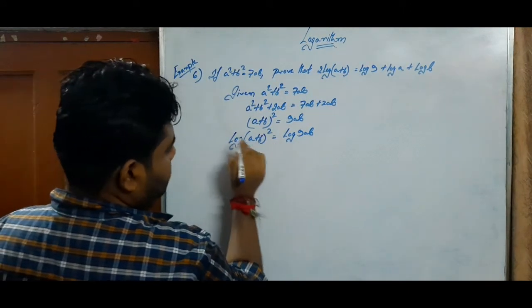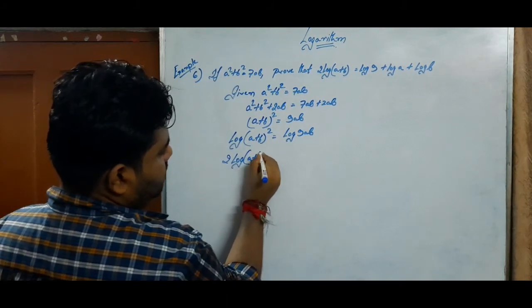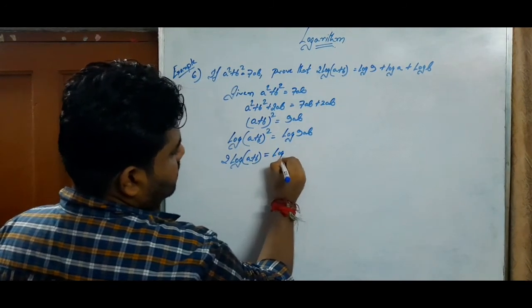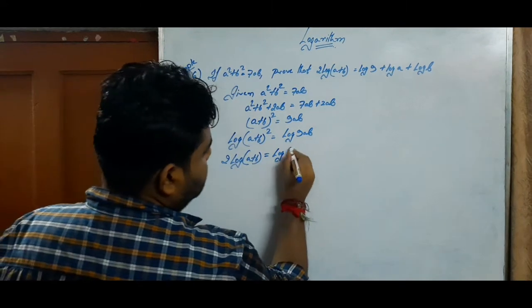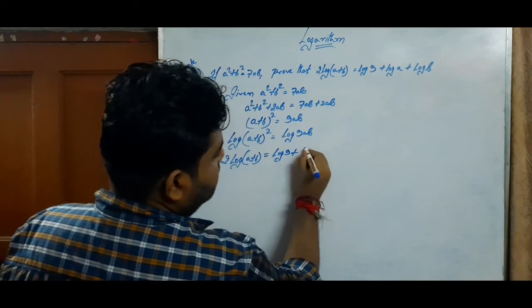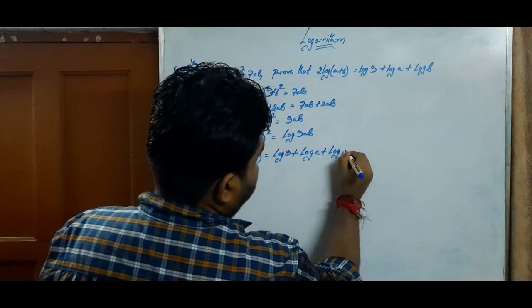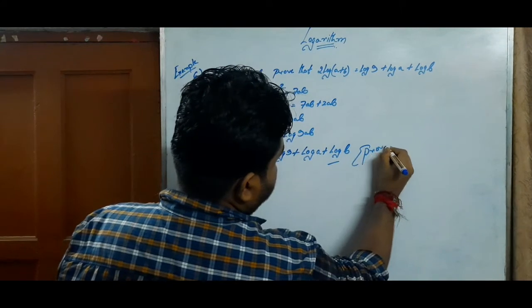The power will come at the beginning. That is 2 log (a plus b). This is log 9ab. We know log ab equals log a plus log b. So we can write that is log 9 plus log a plus log b. Proved.